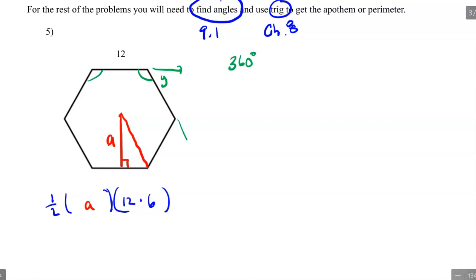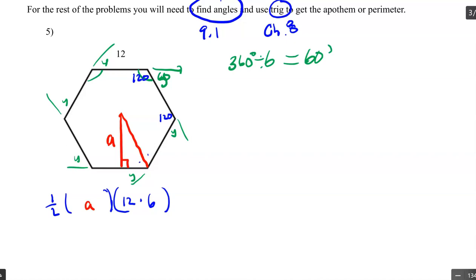If I extend it out and keep going all the way around, and each of these little guys is called Y, you're going to find there's 6 of them. So if I divvy that up 6 ways, every outside angle is going to be 60 degrees. And if these form a straight line, and the outsides are 60, that means the insides are going to be 120 all the way around.